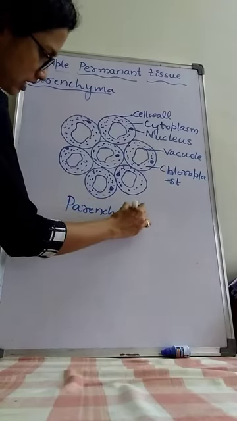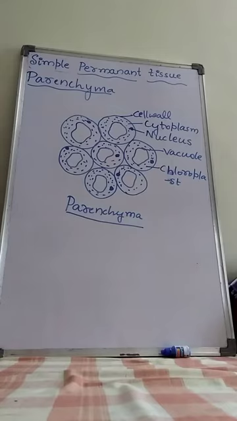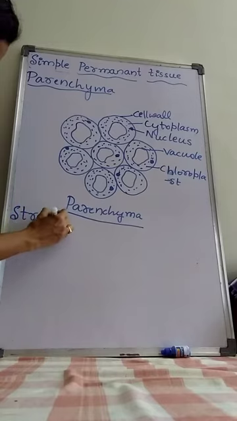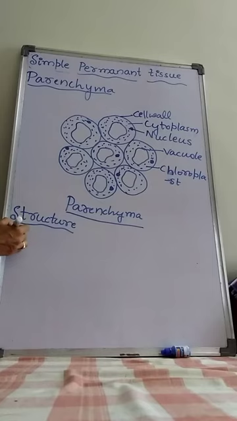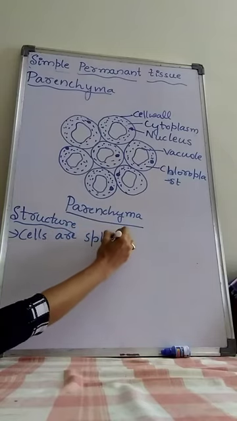Parenchyma is a simple permanent tissue made up of a group of cells. Explain the structure of parenchyma: you have to draw the diagram and explain. Parenchyma cells are spherical or oval shaped.